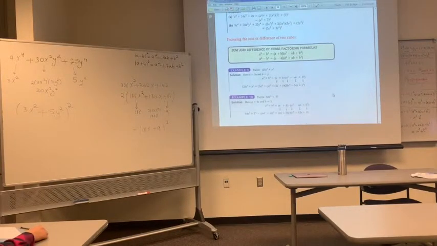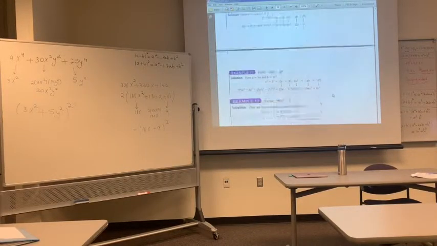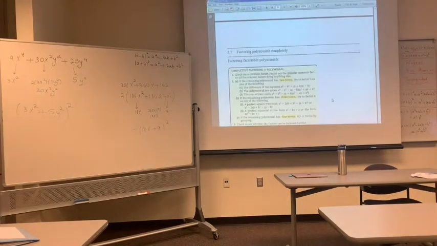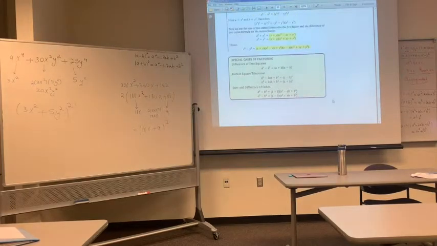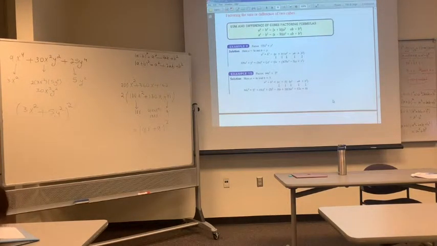This is the other formula that we have in this chart. So I wrote it down here.